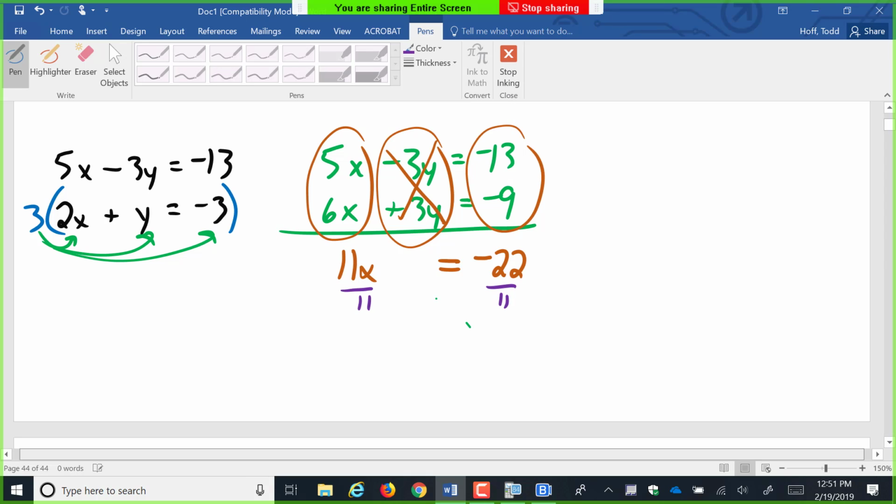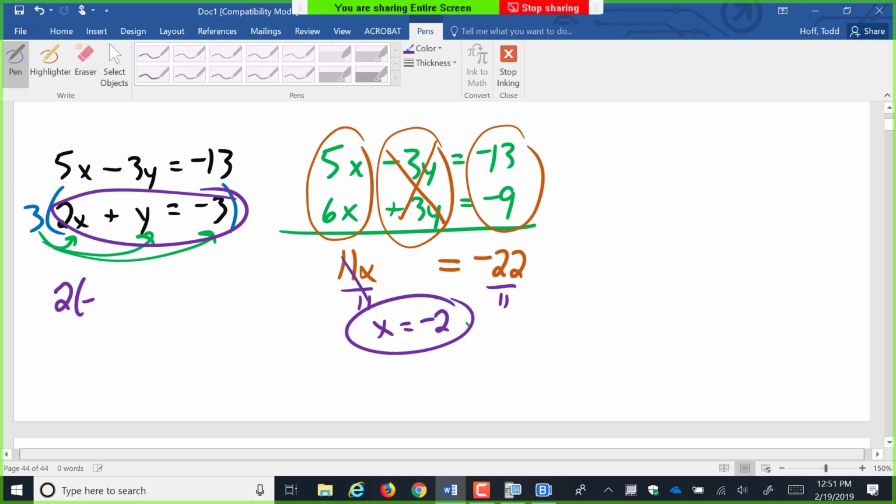Divide by 11. Good. So x equals negative 2. Now what? Perfect. We substitute it back into one of the original equations. Which one do we want, top or bottom? Let's do the bottom one. It really does not matter here. So 2x becomes 2 times negative 2 plus y equals negative 3.